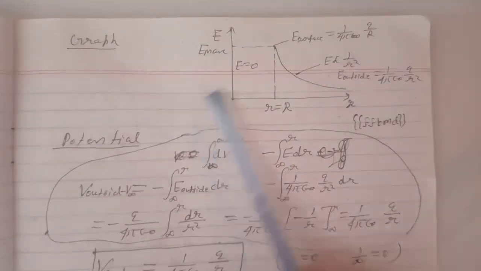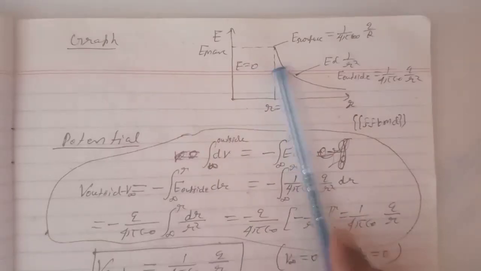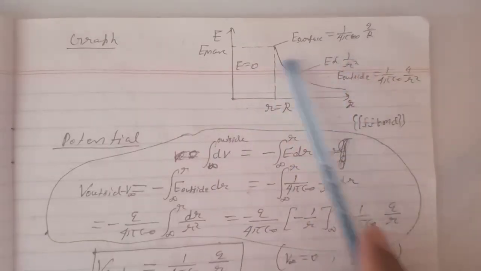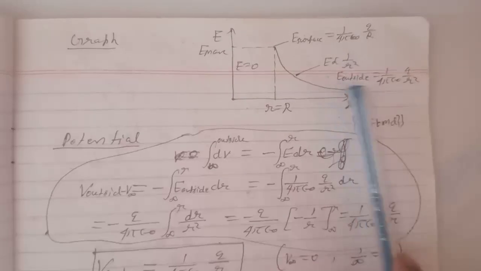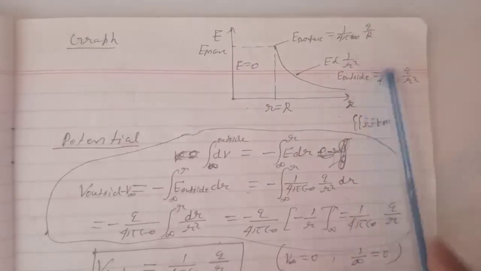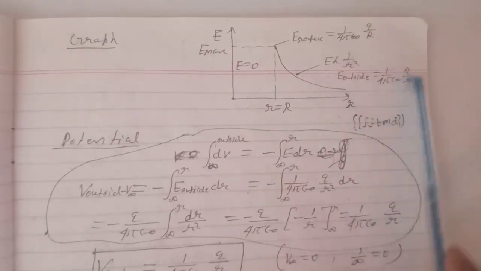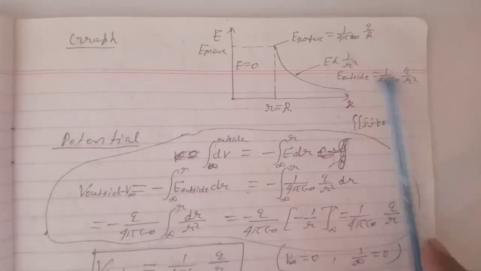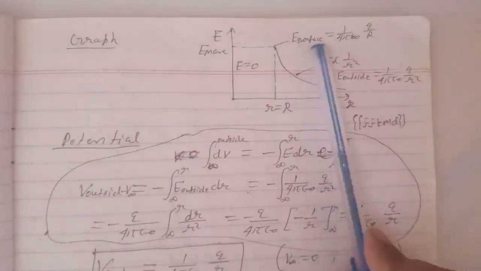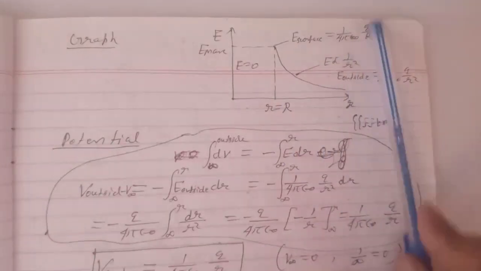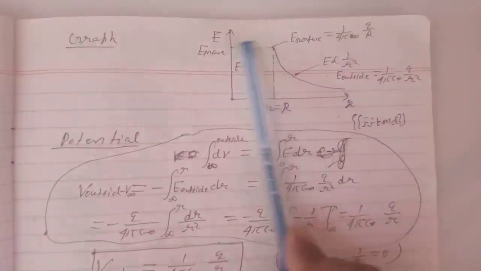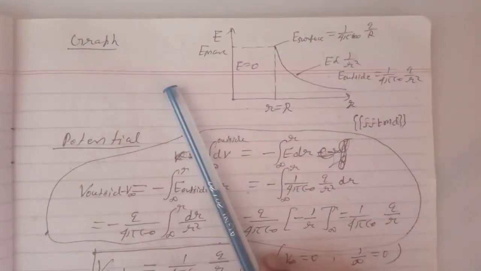If the distance is greater than R, E is directly proportional to 1 by r square, because E outside is 1 by 4 pi epsilon naught q by r square, and at the surface it is constant.